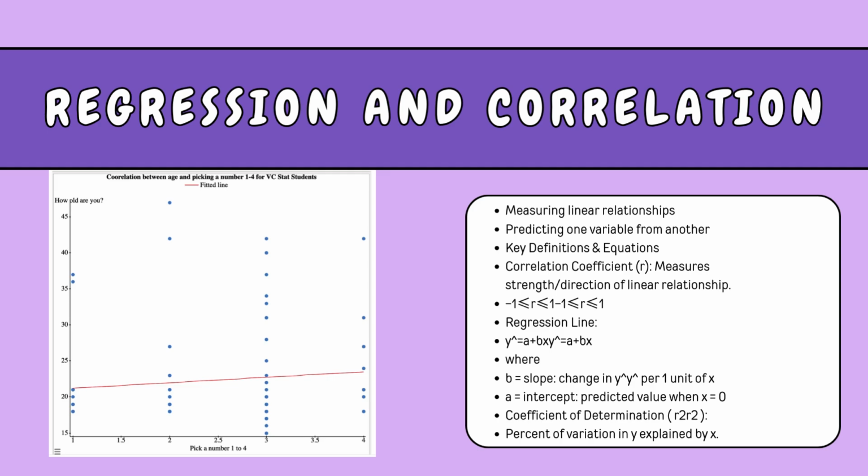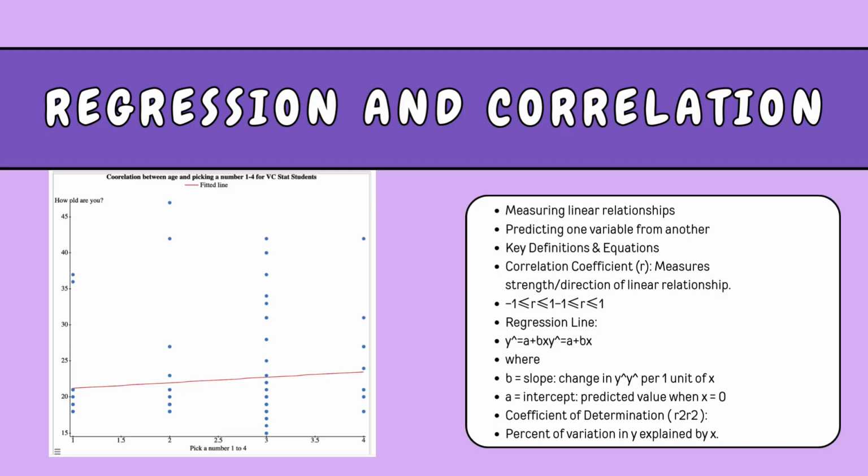Some real life examples of this could be used for business, like in predicting sales from advertising budgets, or in healthcare, like predicting blood pressure from exercise hours. That would probably be a negative correlation because blood pressure would decrease as exercise hours increase. Or in education, a positive correlation would be predicting test scores from the number of hours studied, so as one increases, the other one would also increase.